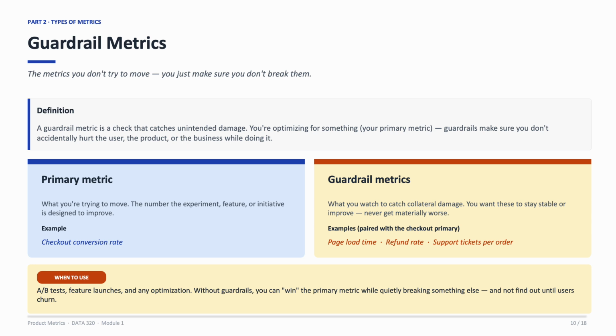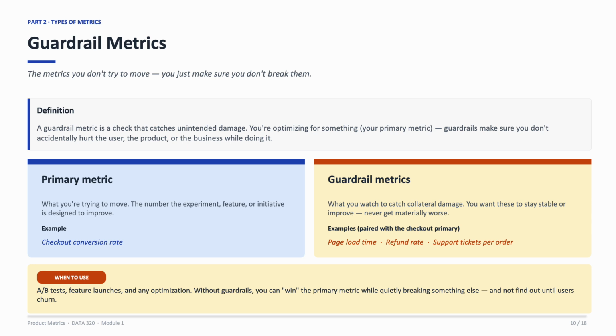That's exactly the Goodhart problem from the previous pitfalls slide. So guardrail metrics are how to catch it. You define them upfront: this experiment wins only if my primary metric improves and none of my guardrails degrade materially.